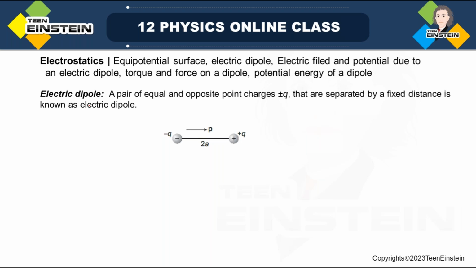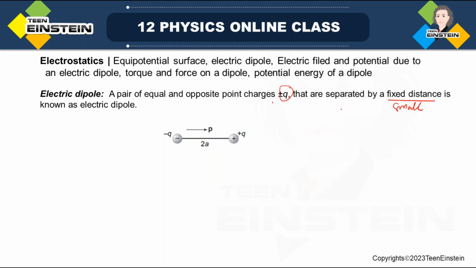So what is an electric dipole? An electric dipole is actually a pair of charges separated by a small distance. So a pair of equal and opposite charges, plus or minus q, that are separated by a fixed and small distance. If the distance is very, very large, then it will not constitute an electric dipole.